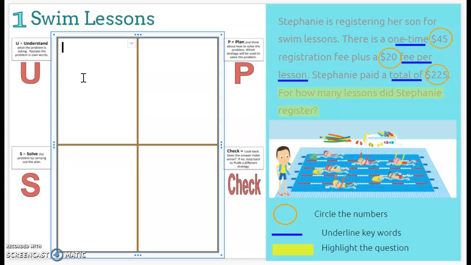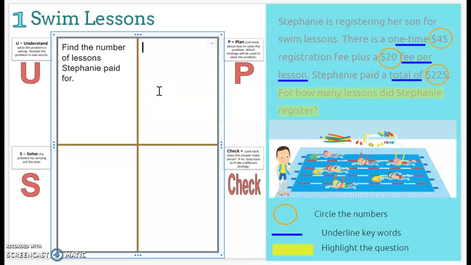So here, it's how many lessons did Stephanie register? So we're trying to find the number of lessons Stephanie paid for. That's what we're trying to find out. That's what we're trying to understand.